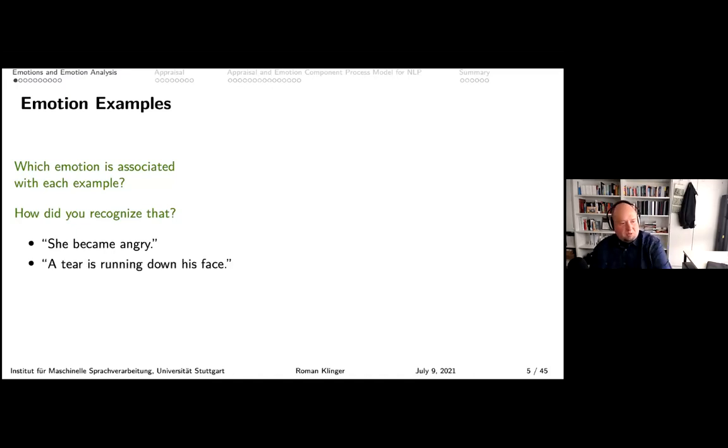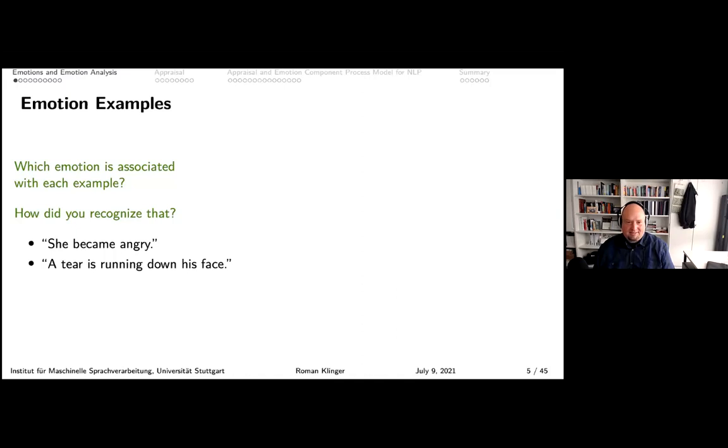What about this one? A tear is running down his face. Which emotion might be associated to this text? Sadness, most of you say sadness. I also see somebody saying happiness, or perhaps joy. Yeah, so it seems that you agree that it's either sadness or joy. And how did you recognize this?